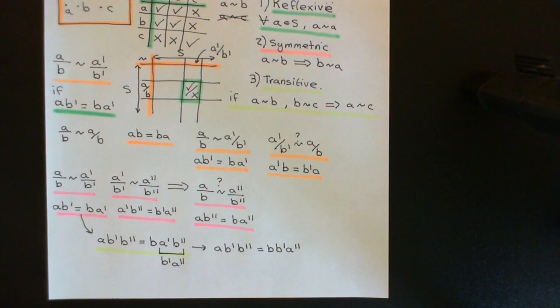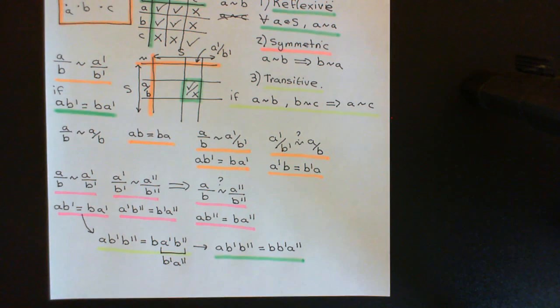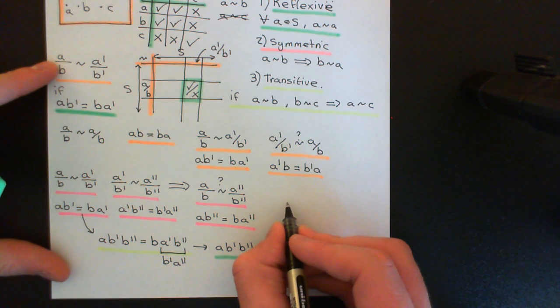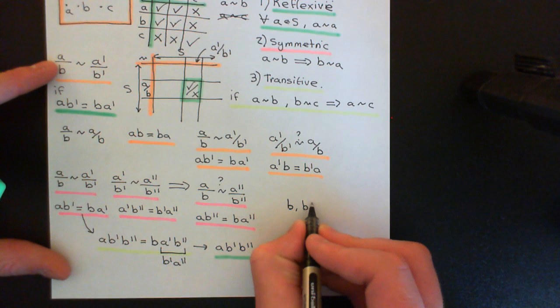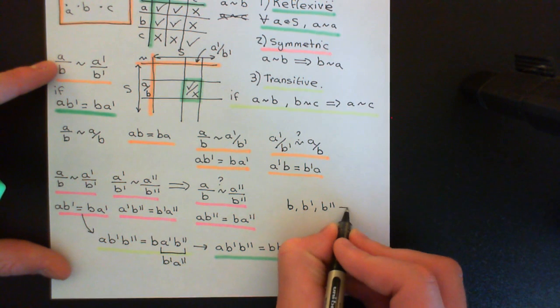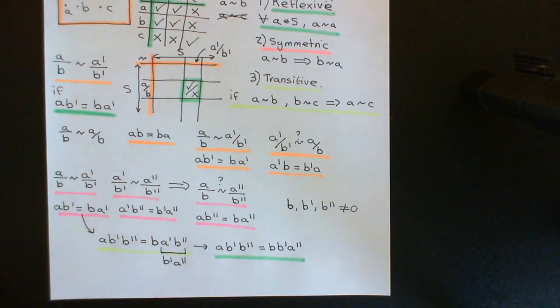Now, here's where I use the fact that it is an integral domain, and it's also where I use the fact that b prime is not equal to 0. Remember, the denominators cannot equal 0, so that tells me that b prime and b double prime are not equal to 0. I actually am only going to use that b prime is not equal to 0.